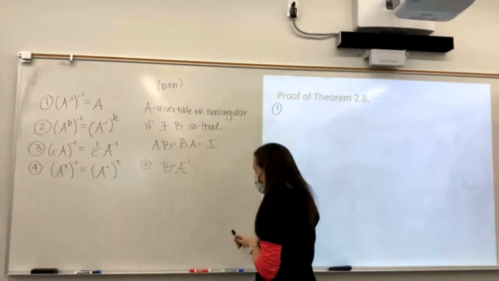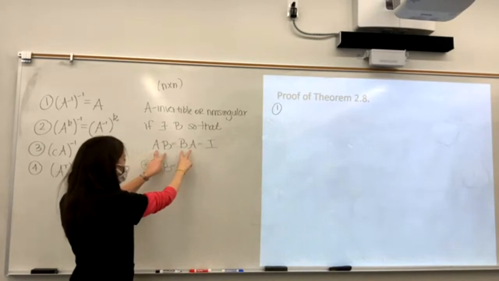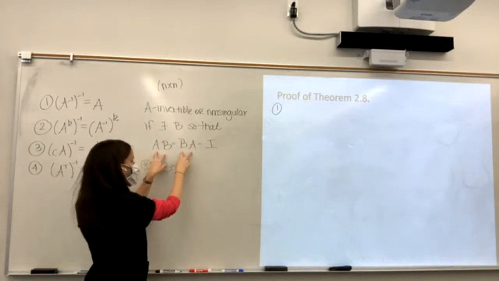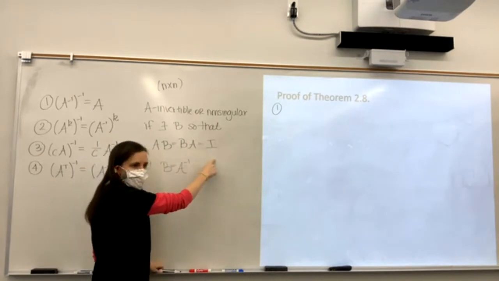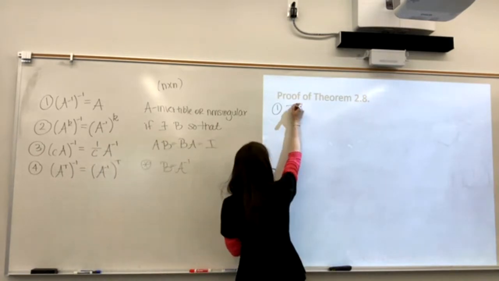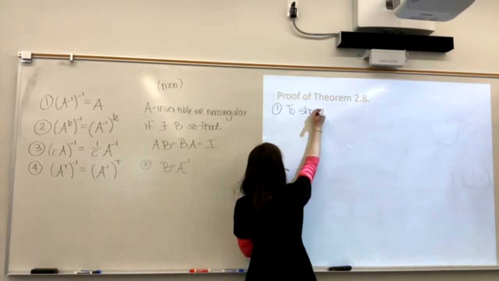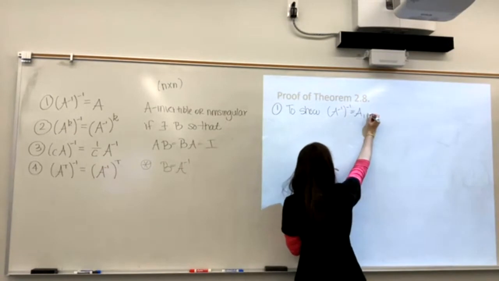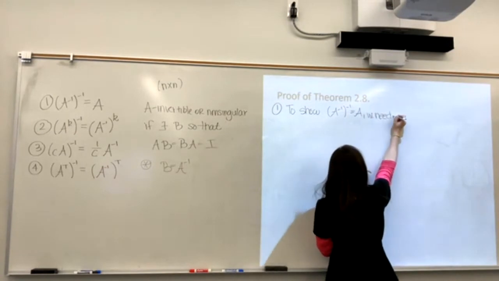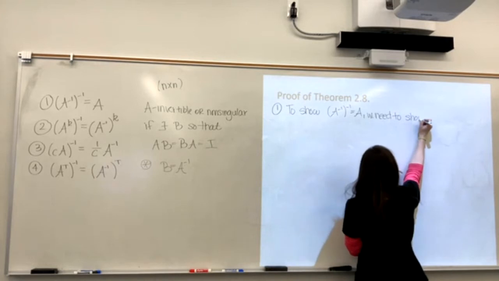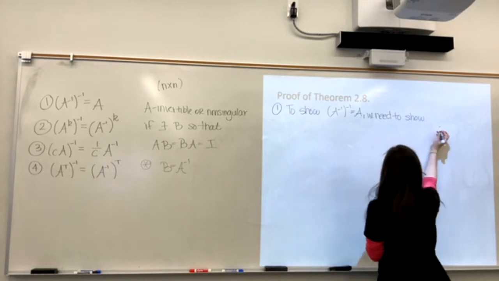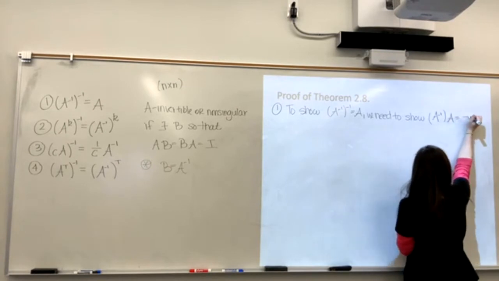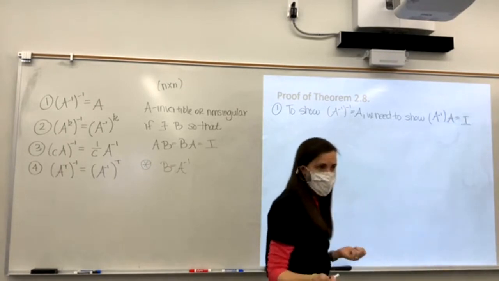So if we want to show that 2 matrices are inverses, what we have to do is show that when we multiply them together, we get the identity. So to show that the inverse of A inverse is A, we need to show that when we multiply A inverse and A together, we get the identity.